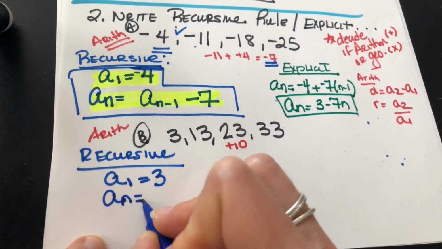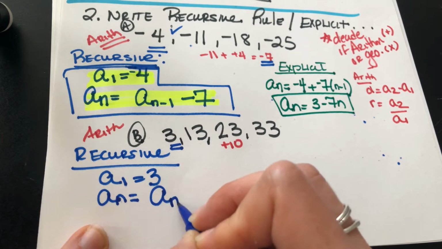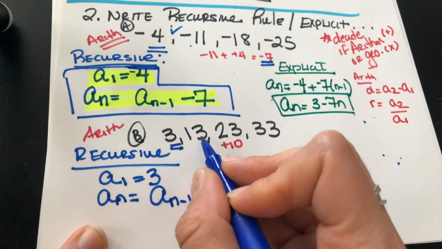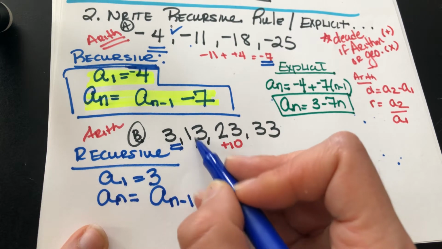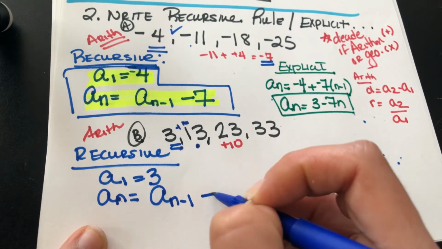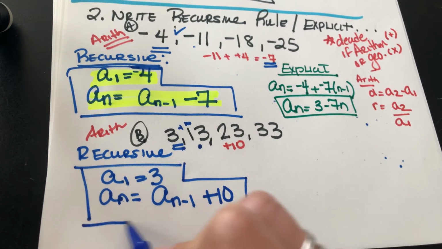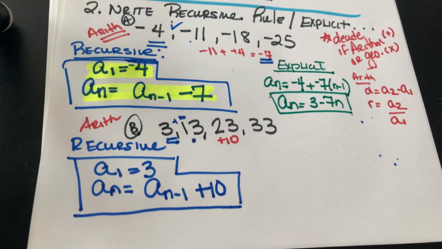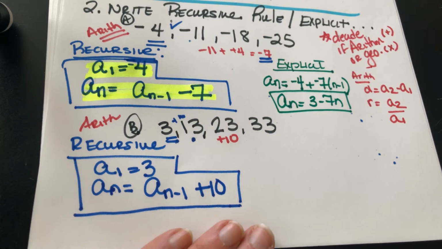A sub n equals, remember, always take the term before it, which is little n minus 1. How are you getting this? I should say you're on the second term. At the second term, what are you doing to the first term? You are constantly adding 10. Plus 10, this is what you guys would give if I asked you for your recursive. Okay? And you guys hopefully can see something, which I'll show you in a moment.